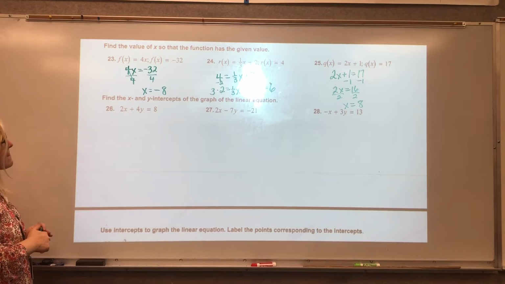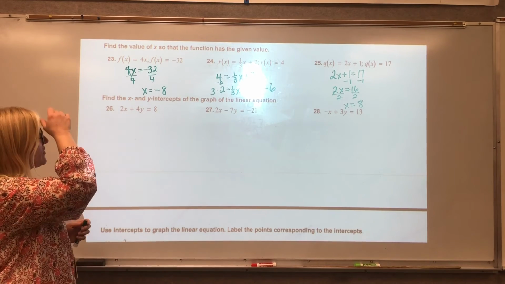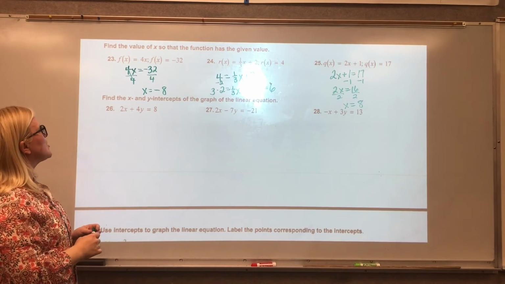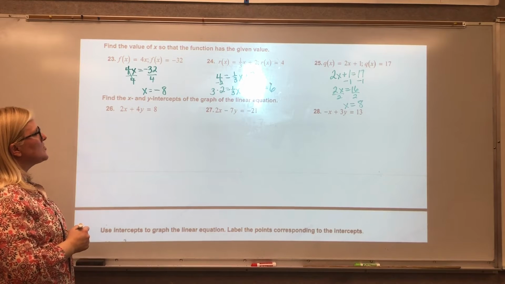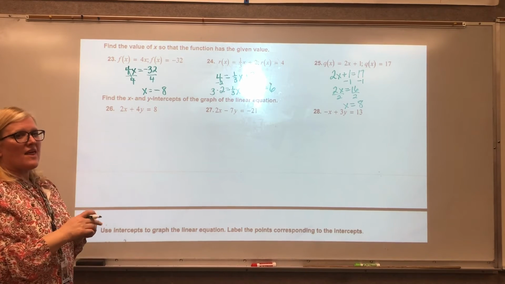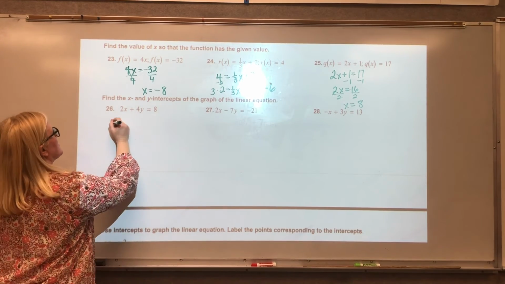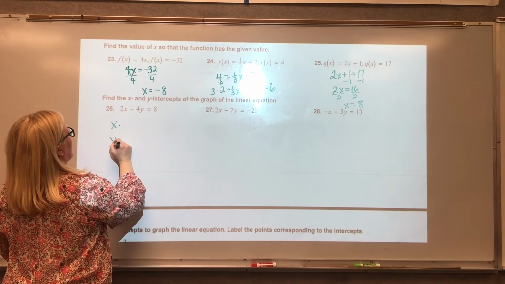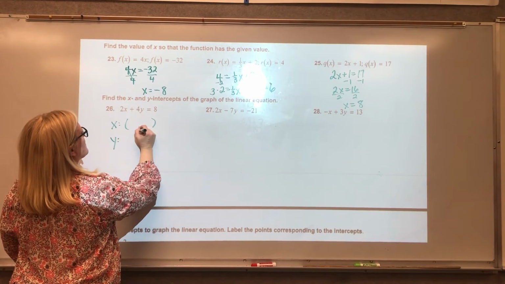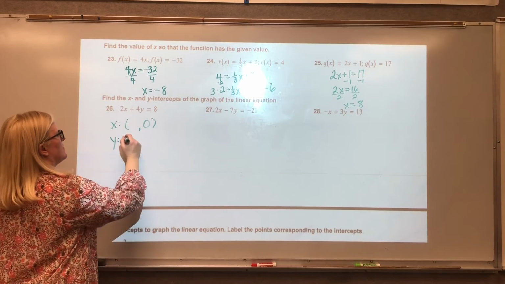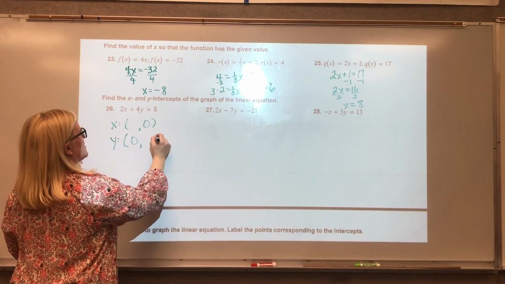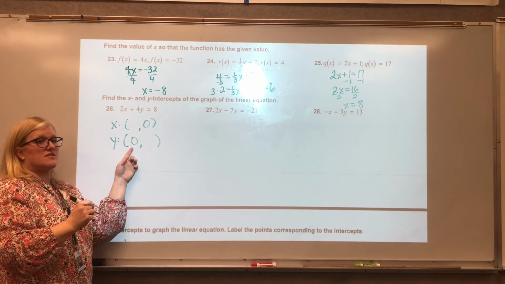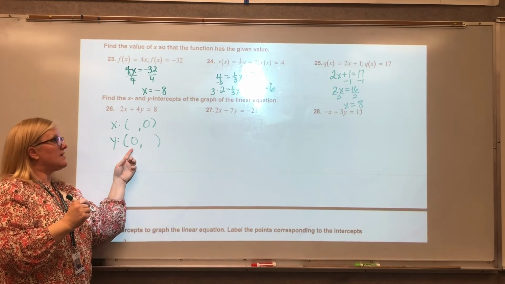Okay. Find the x and y intercepts of the graph of the linear equation. Okay, so this one, remember that my x and y intercepts, they kind of look like this. My x-intercepts will have a 0 at y. My y-intercepts will have a 0 at x. Okay?